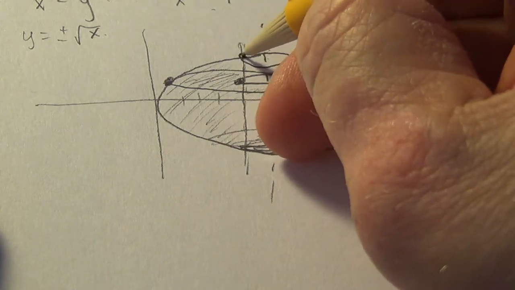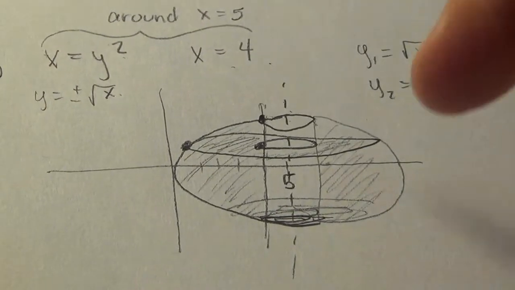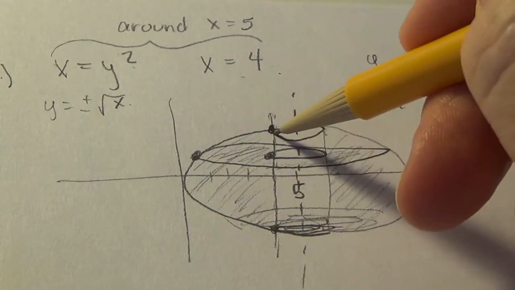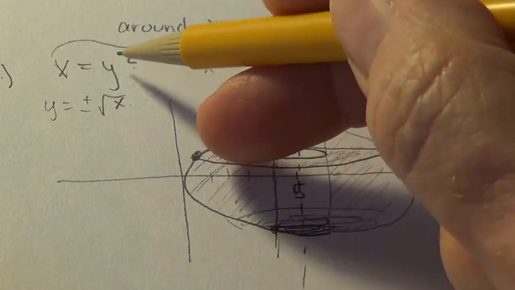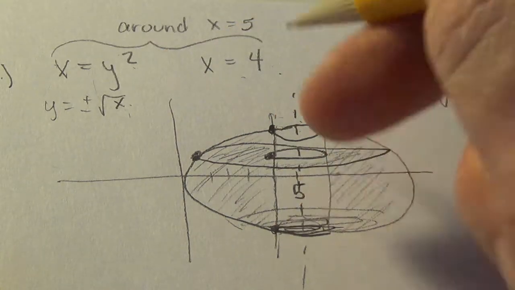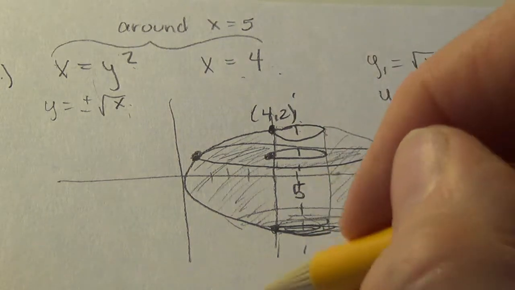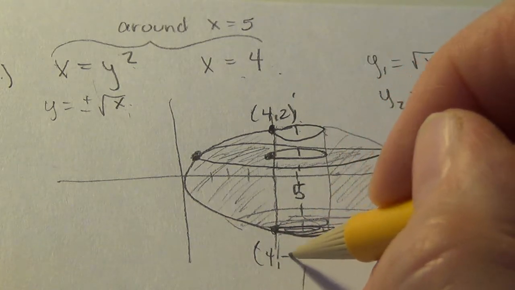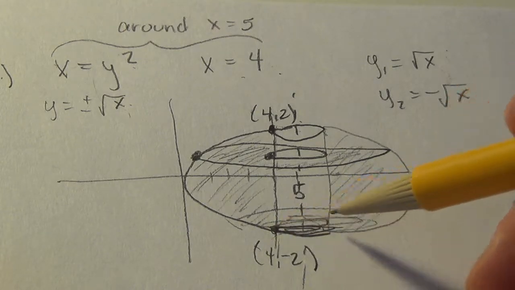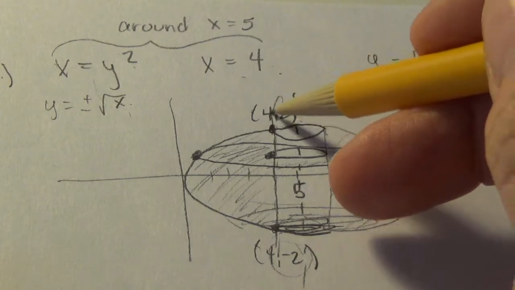Well, this point is where x equals 4 and our function intersect. If I put 4 into this equation, I get a plus 2 and a minus 2. So that tells me I'm going to stack these up in the y direction, from -2 to 2.